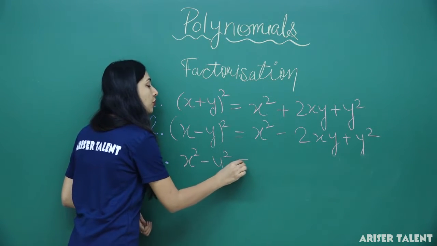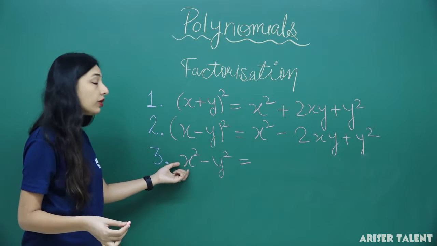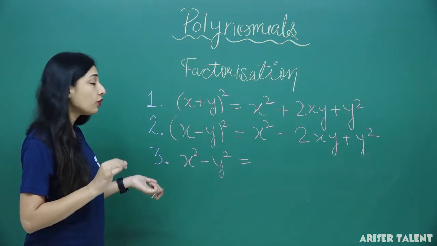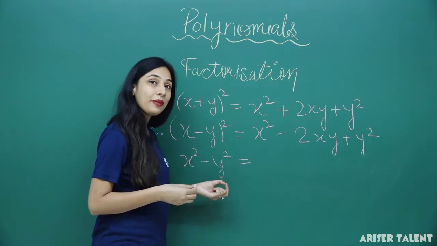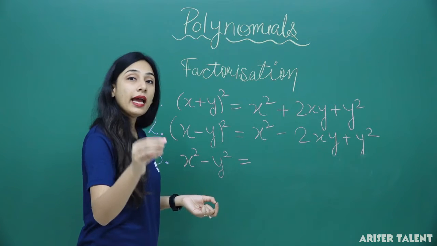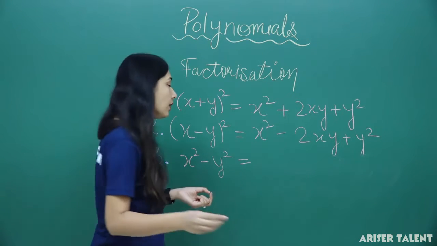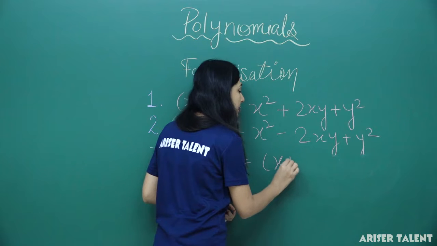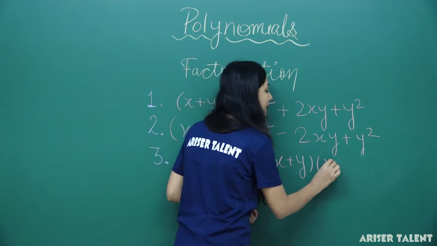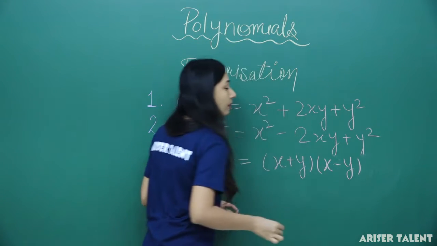I am very sure students that you all know this formula also. x square minus y square equals (x plus y)(x minus y). Just write x plus y here and x minus y here.